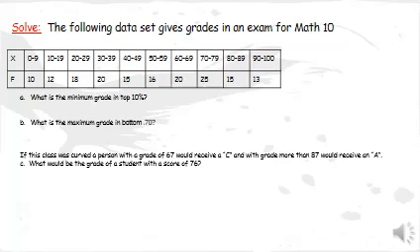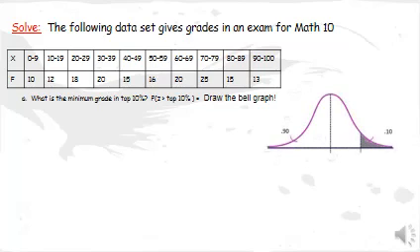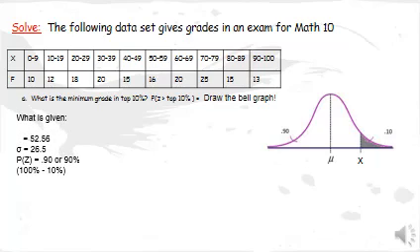So what would the grade be if a student scored 76? For the first part, we need to graph what the minimum grade would be in the top 10%. So we shade the right side of the graph, and we plug in the data information that we know, where the average is 52.56, the standard deviation is 26.5, and the probability of z is 90%.